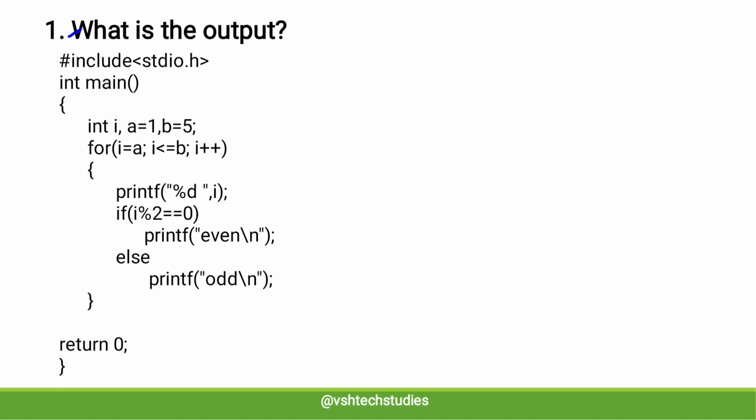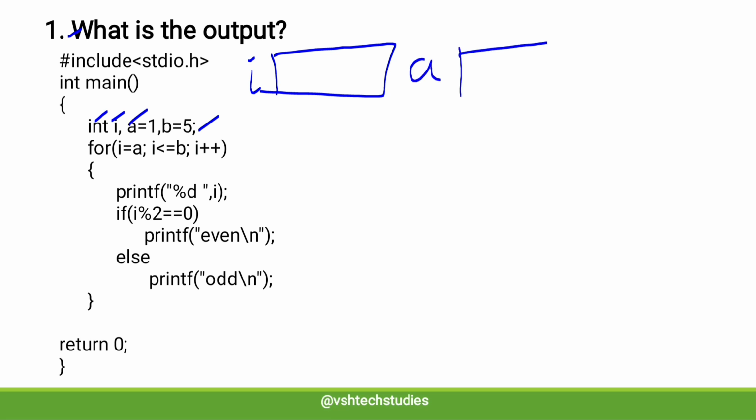So the first statement is a declaration statement, that is, memory locations are reserved. Integer type data is to be stored. So I is one memory location that is reserved here. Then A is another memory location, in that 1 is stored, means A is initialized with the value 1.